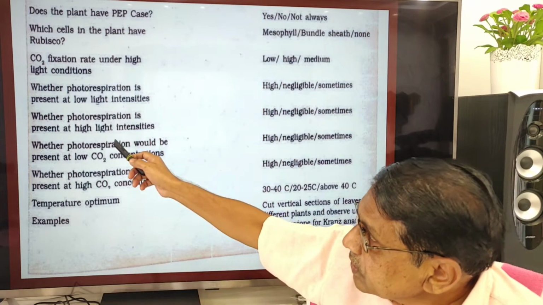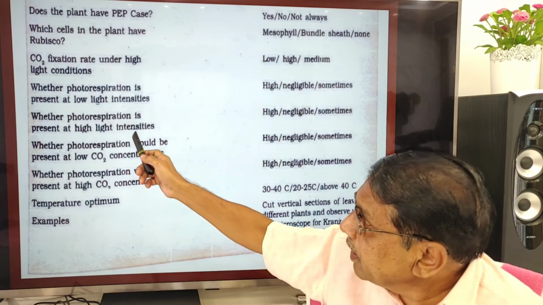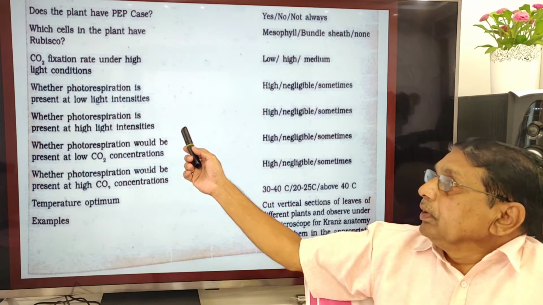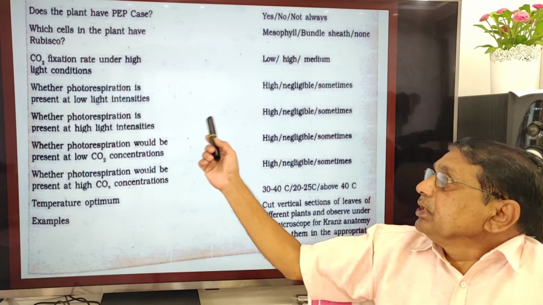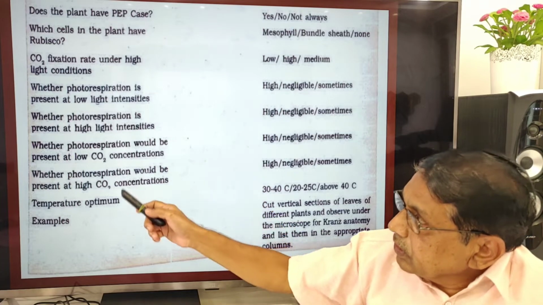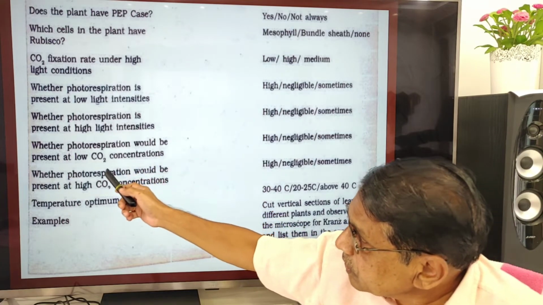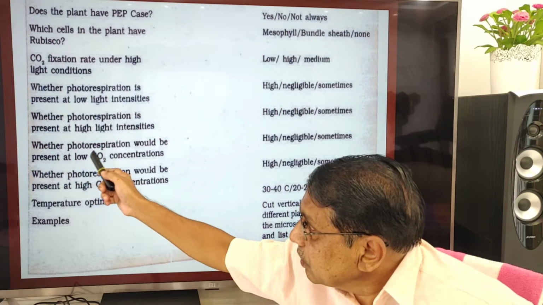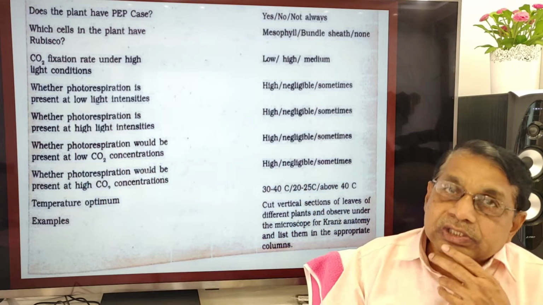Whether photorespiration is present at high light intensities: here negligible or absent, here present. Whether photorespiration would be present at low oxygen, low carbon dioxide concentration.